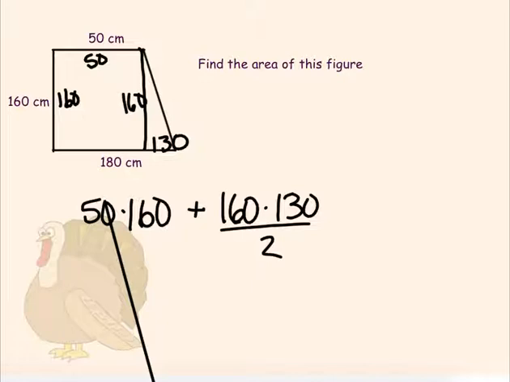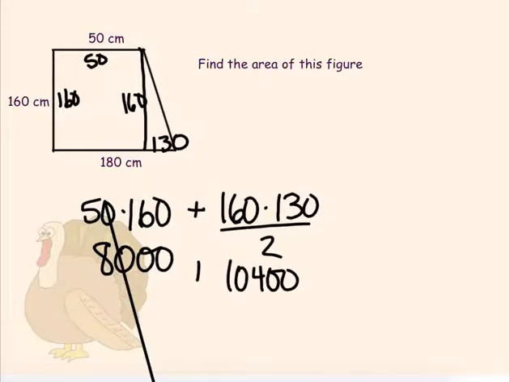So if we do that, 50 times 160, we get 8,000. And if we do 160 times 130, and then divide it by 2, we will get 10,400.